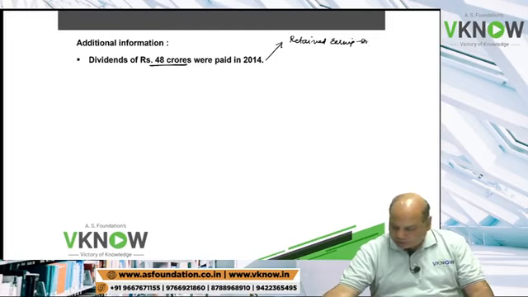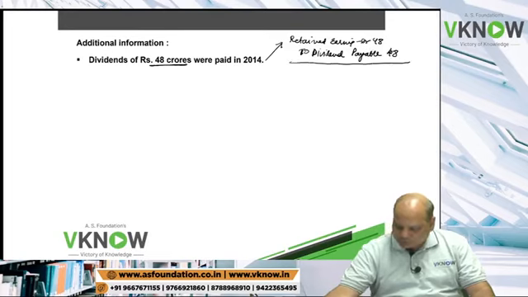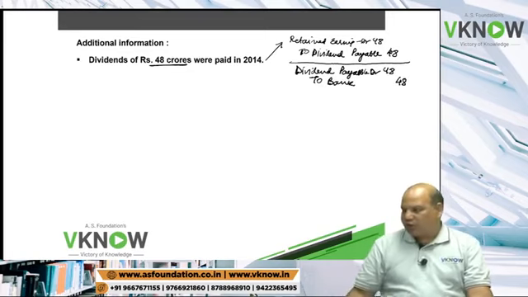Retained earning account debit 48, like the previous question, to dividend payable 48. And second entry, dividend payable debit 48 to bank 48.